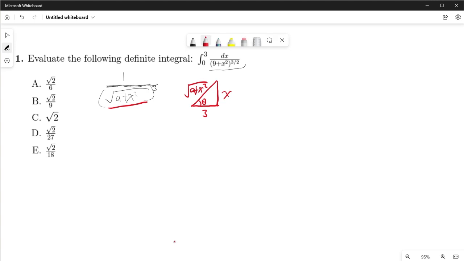So in this configuration, I can then have tangent theta be x over 3. And then it would just be 3 tangent theta is x, and then take the derivative, then I have 3 secant squared theta is dx. There's a d theta there.